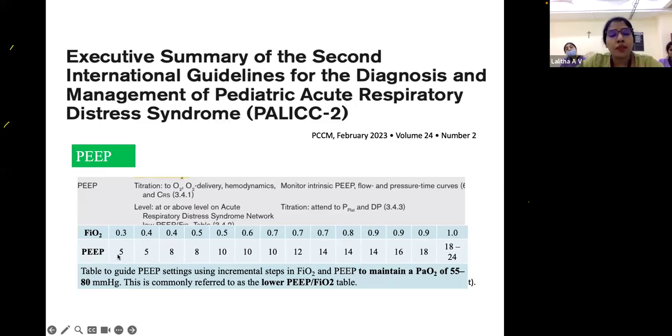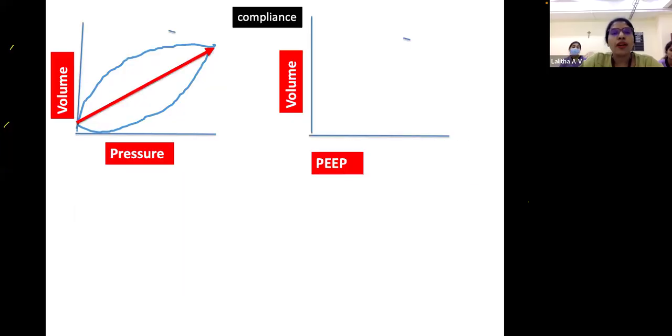This is the table which is published in the ARDSnet. So you can start with the low PEEP FiO2 table. It's good to have this printout stuck in your ICU when you are ventilating the ARDS patient. So guide PEEP setting using incremental steps in the FiO2 and PEEP to maintain the PaO2 of 55 to 100. Okay. So this is what happens.